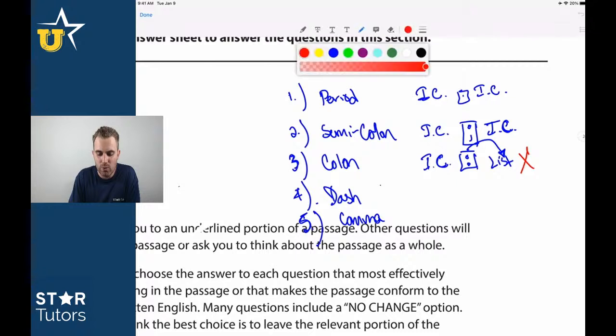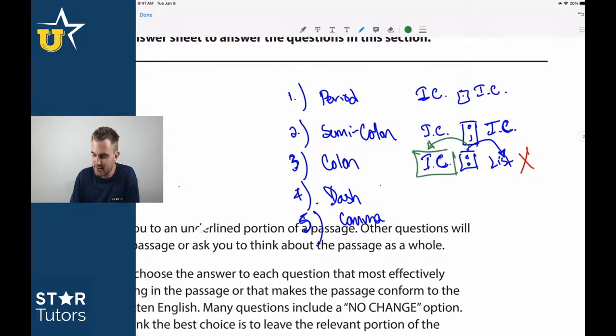The only thing you need to worry about regarding a colon is what comes on the left side, and is that a full sentence? That's it. That's all you have to know about a colon. If you guys do those things and you apply that, you'll get the colon question right every single time.